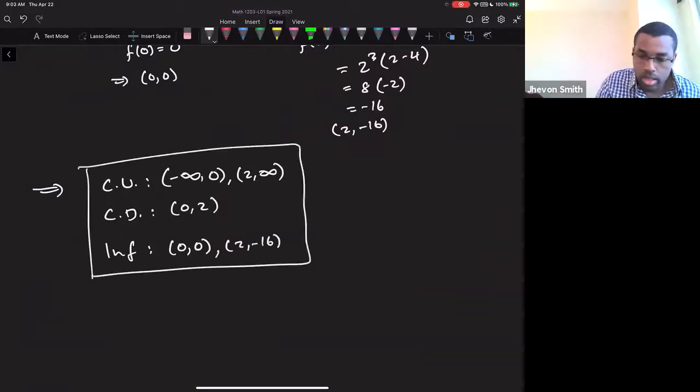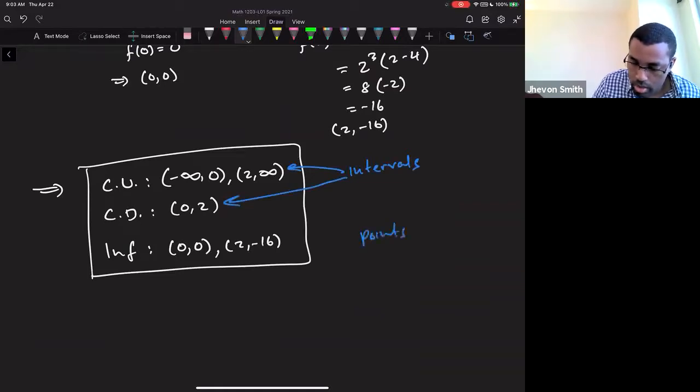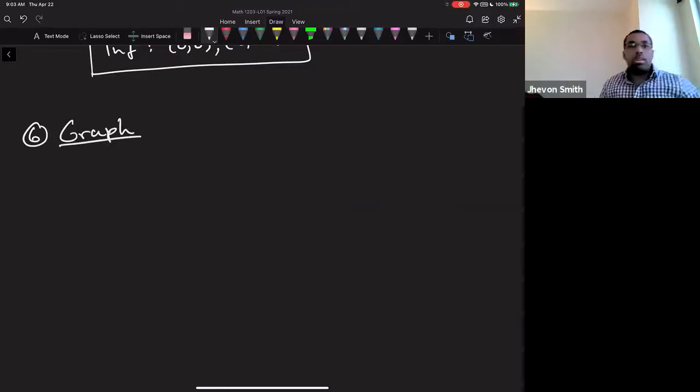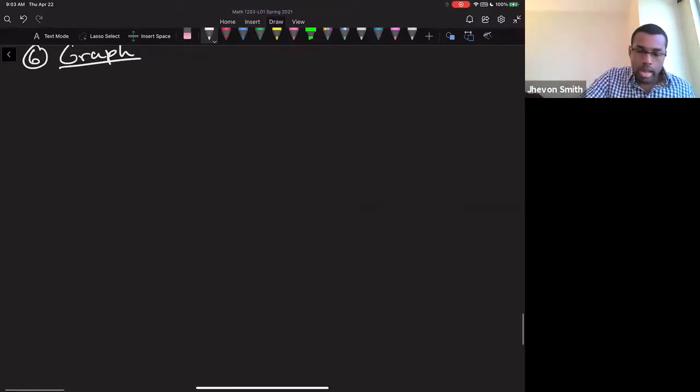So that's this section here. And again, these are intervals, and these are points. So that's that subsection. Now, it turns out this is all the information that we need to sketch the graph. So that brings us to step 6, graph. And remember, we have a certain order in which we want to do these things.